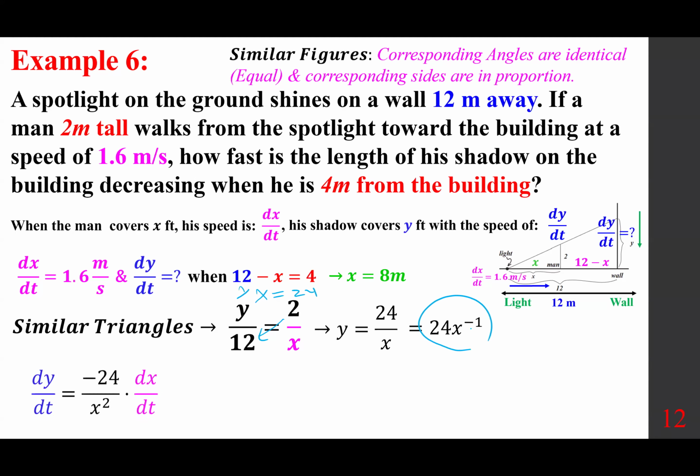I'm assuming no one has any problem differentiating this. So dy/dt is minus 24 over x squared, and x is the dependent variable, so times dx/dt. So all we have to do is plug in x equals 8 and dx/dt equals 1.6.